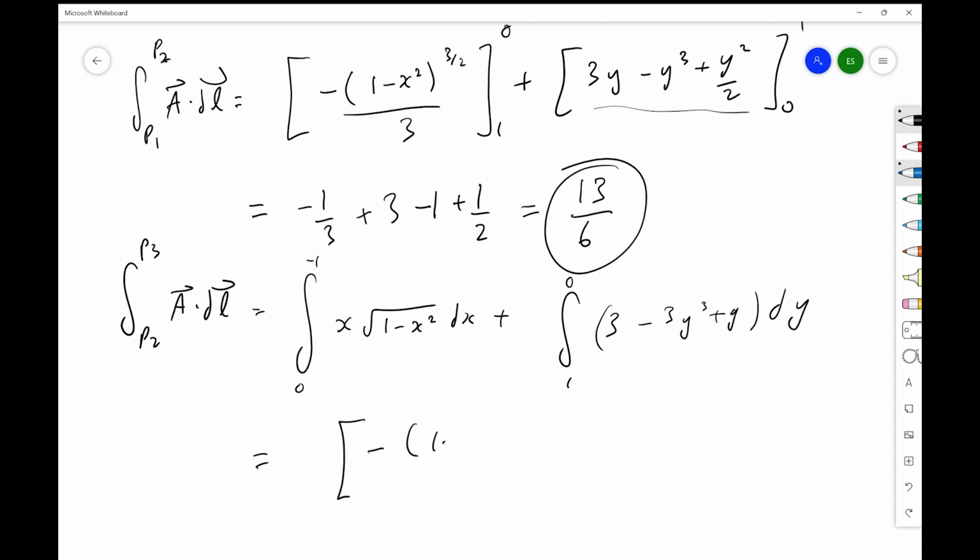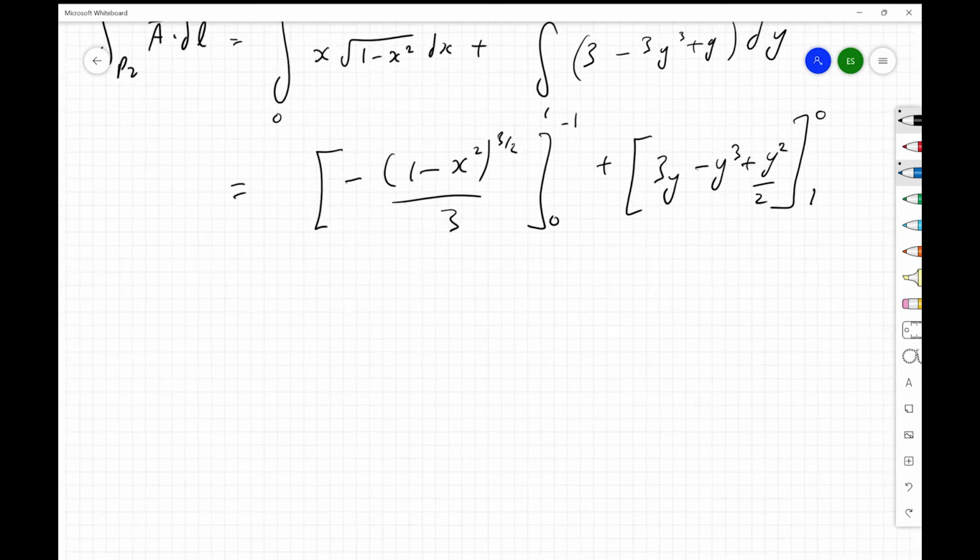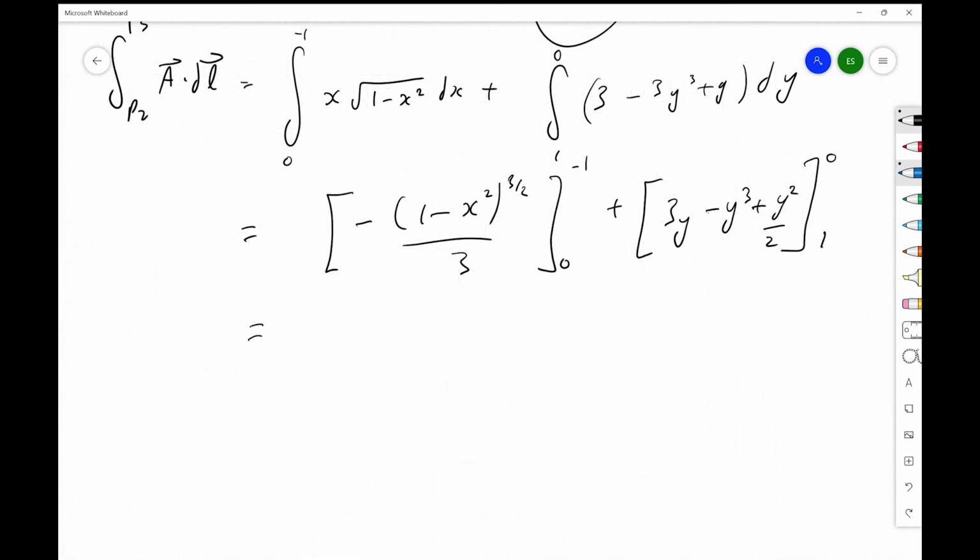This is minus 1 minus x squared to the 3 over 2 over 3, evaluated from minus 1 to 0, plus 3y minus y cubed plus y squared over 2, evaluated from 0 to 1. If you do this, you end up with 1/3 minus 3 plus 1 minus half, which ends up being minus 13 over 6.